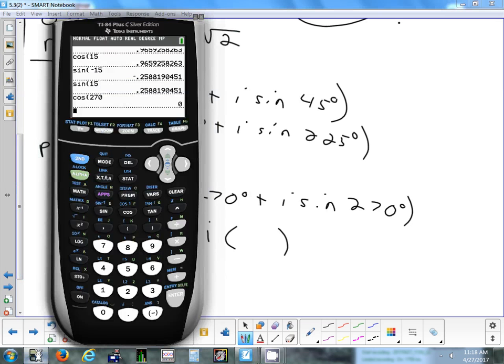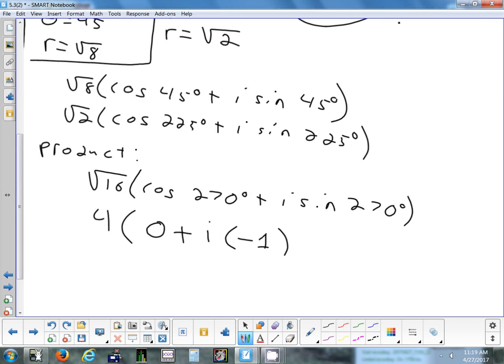I'll do it on here. I get negative 1. Okay, so what's i times negative 1? Negative i. And then plus 0, but adding 0 doesn't change it.